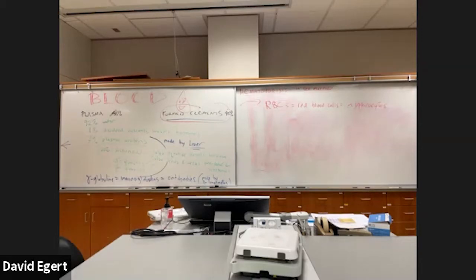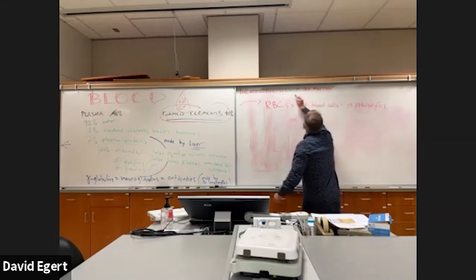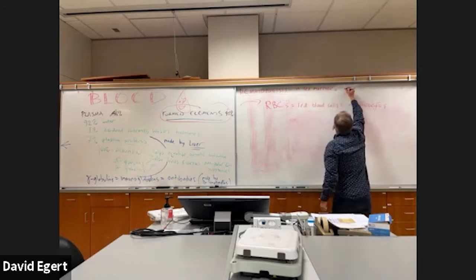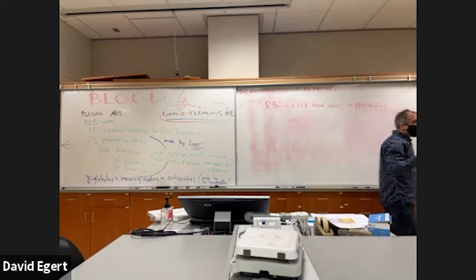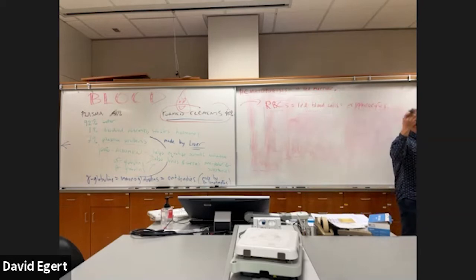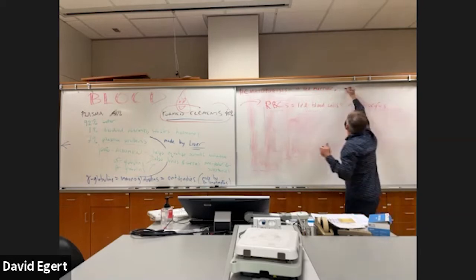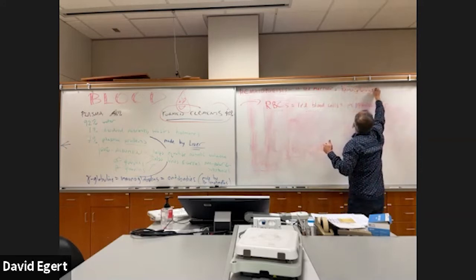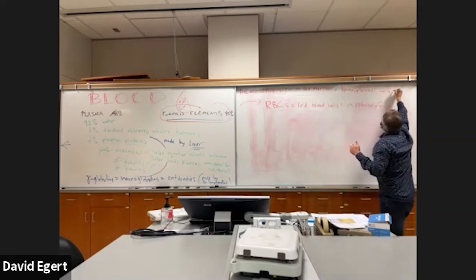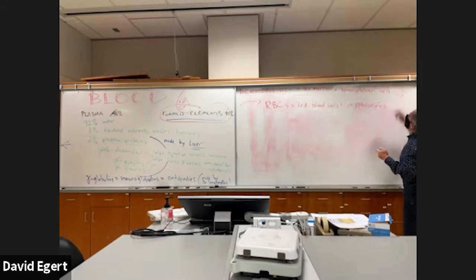The rest of your bones as an adult are just filled with fat particles. Red marrow has cells that can make the stem cells for blood, hemocytoblast cells, which become like everything.